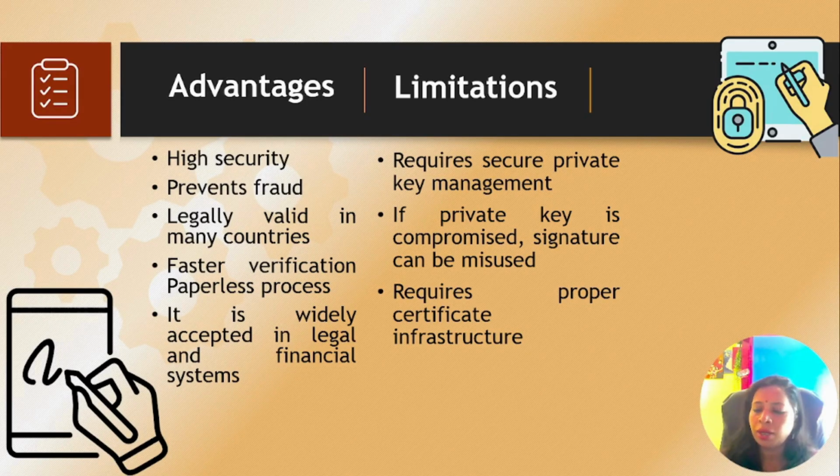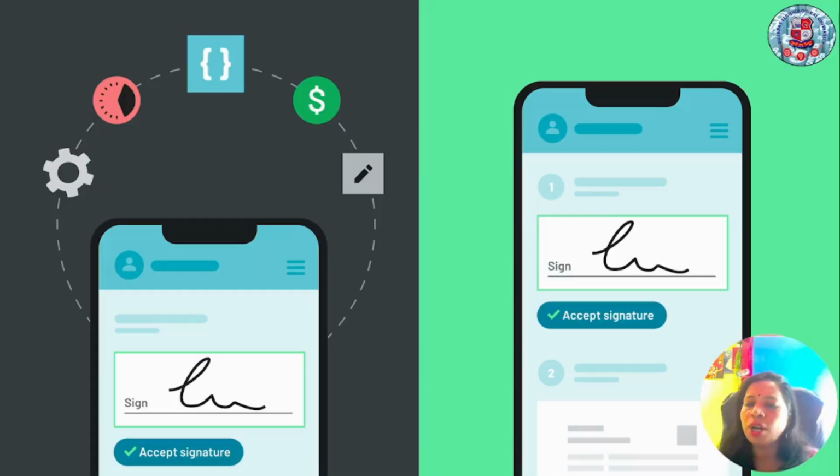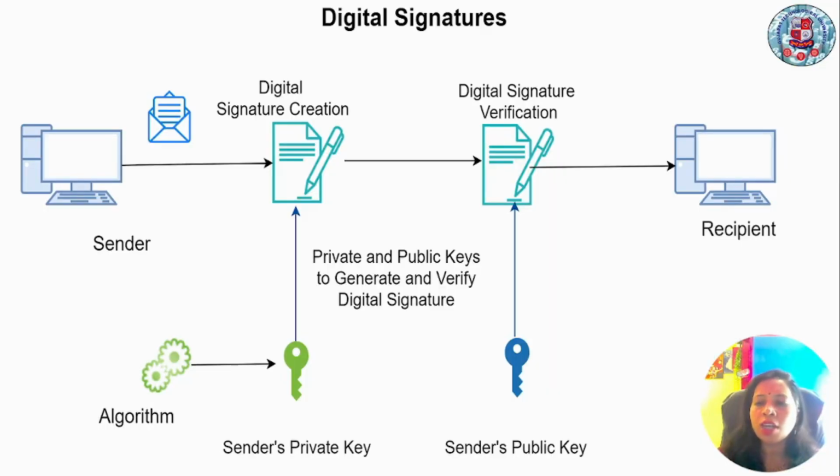So let us summarize the complete concept. A digital signature is a cryptographic mechanism that ensures authentication, integrity, and non-repudiation. It works by hashing the message and encrypting the hash value with the sender's private key, and the receiver verifies it using the sender's public key.